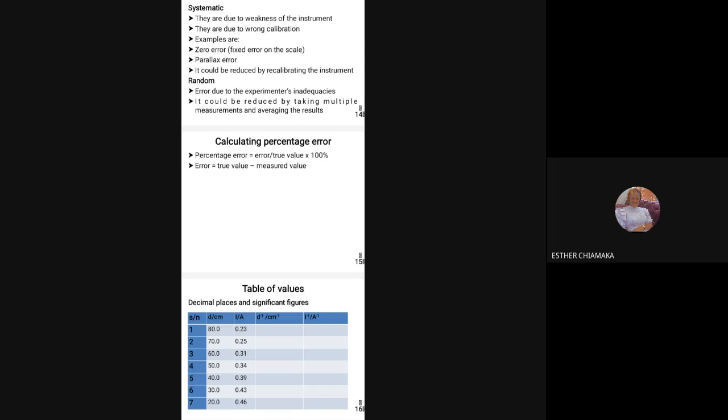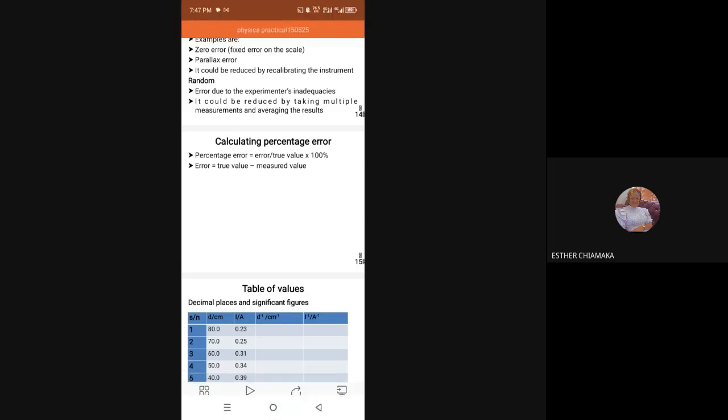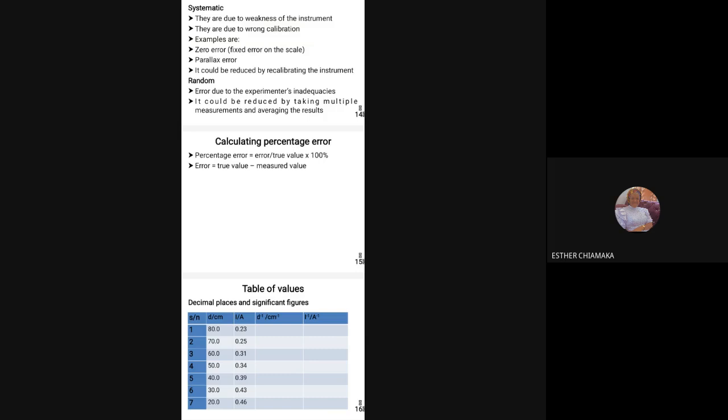That's current. 2 is 70.0 cm and 0.25 ampere. 3 is 60.0 cm and 0.31 ampere. 4 is 50.0 cm and 0.34 ampere. 5 is 40.0 cm and 0.39 ampere. 6 is 30.0 cm and 0.43 ampere. 7 is 20.0 cm and 0.46 ampere.